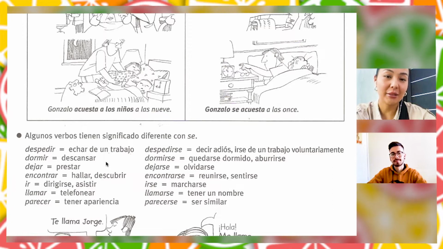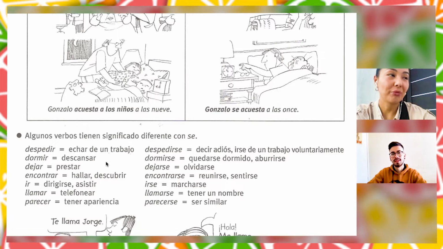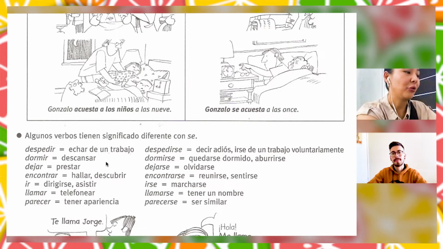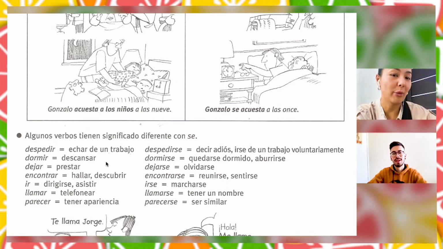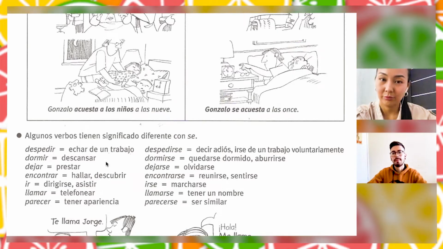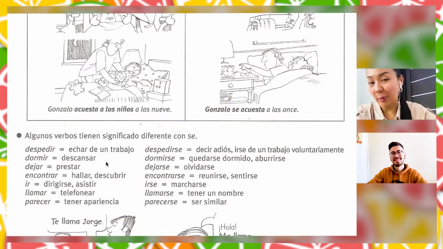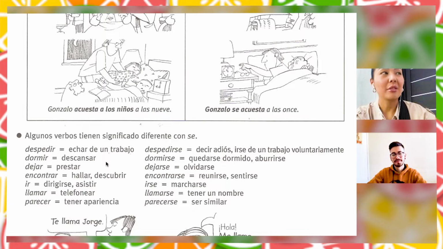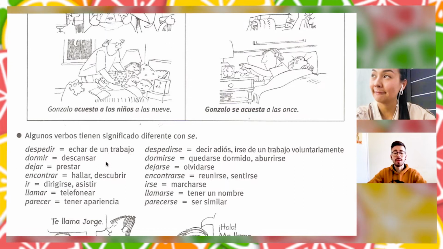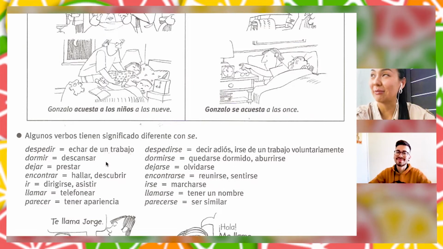And here you say dejar is to lend money, for example, and dejarse, to forget. For example, I forgot to do my homework, right? Yes, yo dejé. Me dejé. I was confused, like, oh my god, where is me? Spanish is not my mother tongue, and for me, those verbs have different meanings. Yes, okay, so we can consider them exceptions. Thank you. You made my day better.